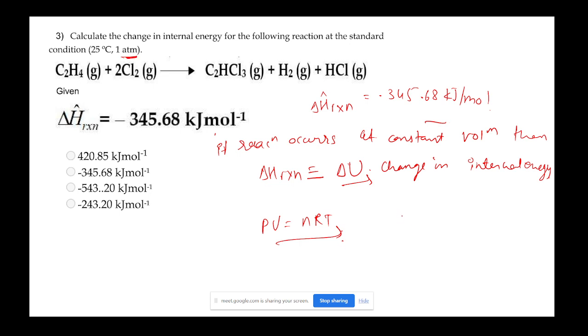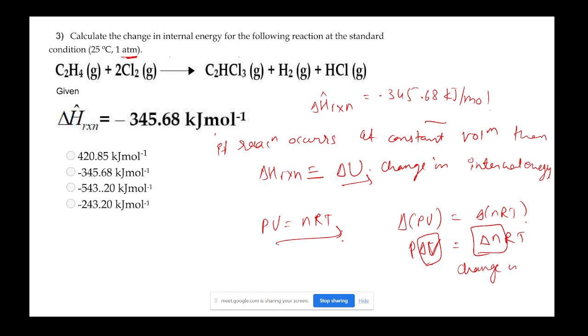So if I apply delta of PV equals delta of nRT, delta P is 0, so P delta V, and temperature is also constant, so delta n RT. If I want to find the change in volume, I need to find delta n of the reaction, which is the change in number of moles.